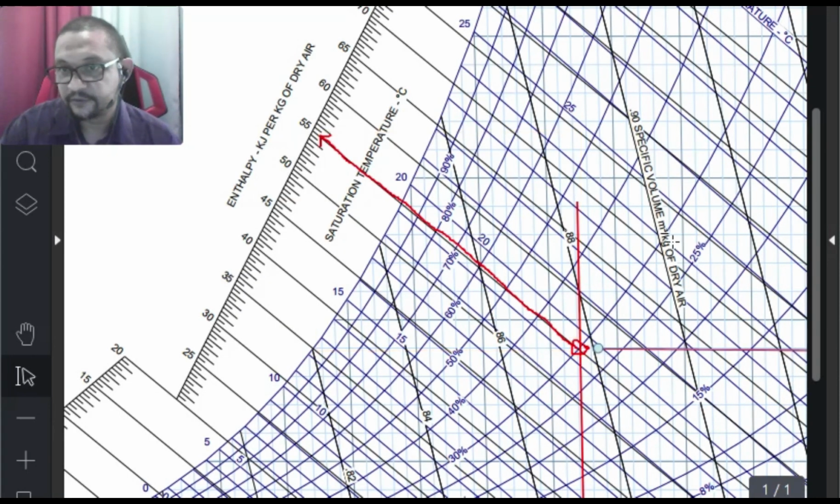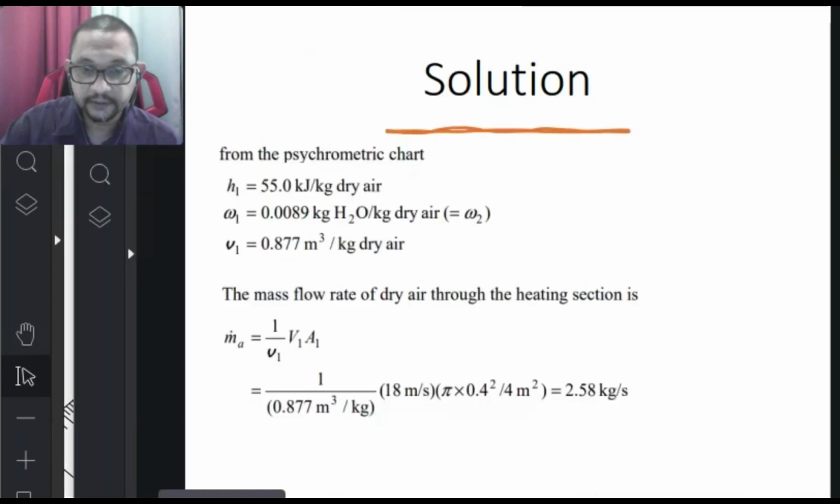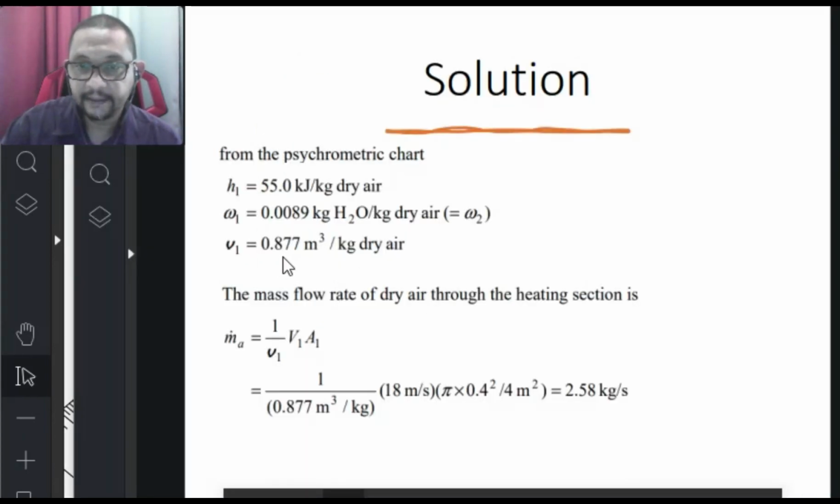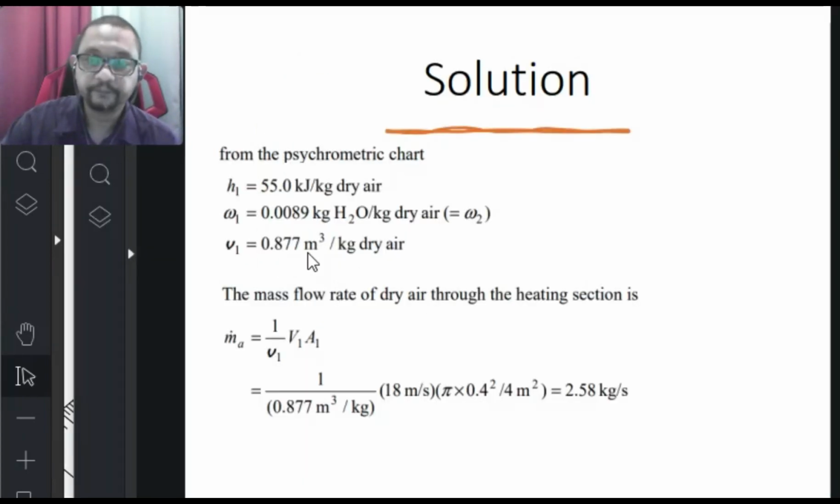Okay, this is specific volume. This one is 0.86, 0.87, 0.877. Okay, this is around 0.877 meter cube per kilogram.